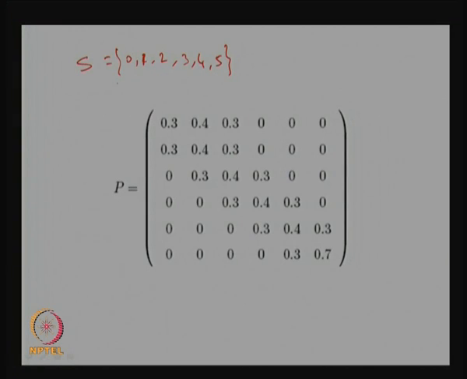Therefore, the maximum will be 5, and there is also a possibility that when he leaves, no one is in the system. This one step transition probability matrix is a square matrix, because there are a countably finite number of states: 0, 1, 2, 3, 4, 5.